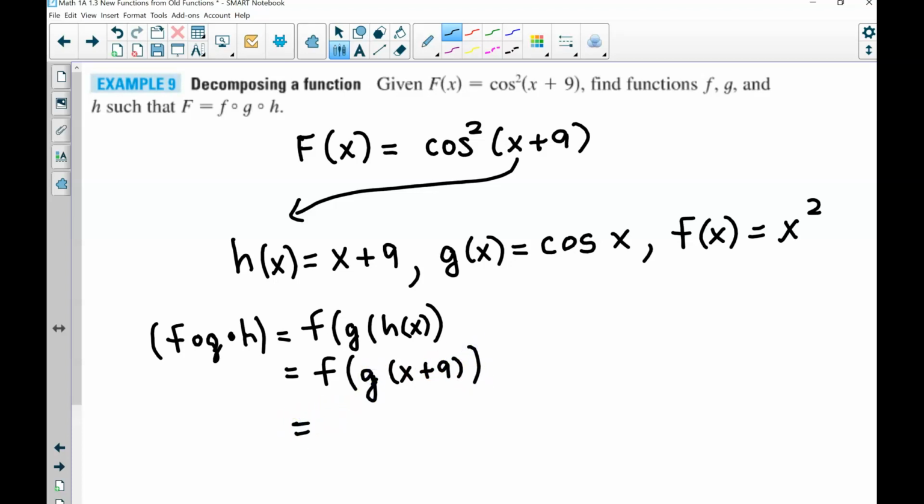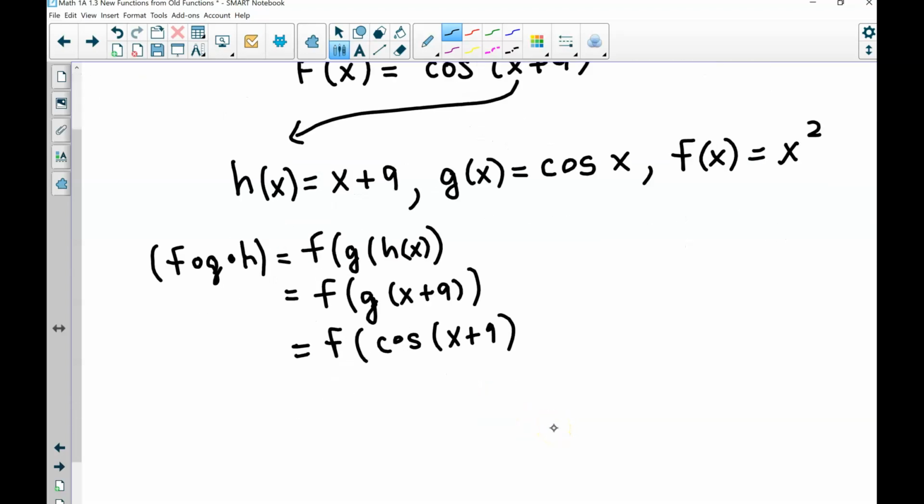And then again, g of x represents cosine of x. So now this becomes the cosine, and then x is now going to be replaced with x plus 9. And then f of x means that we need to take the value of the input and then square it, which is the reason why when you square this entire function, it becomes cosine of x plus 9, and we would square that, which would then give you cosine squared x plus 9.